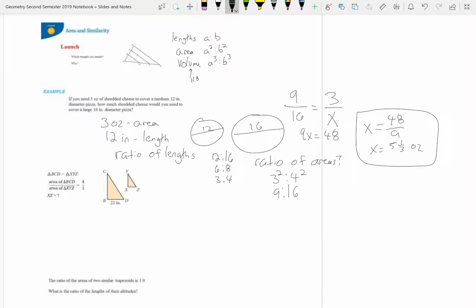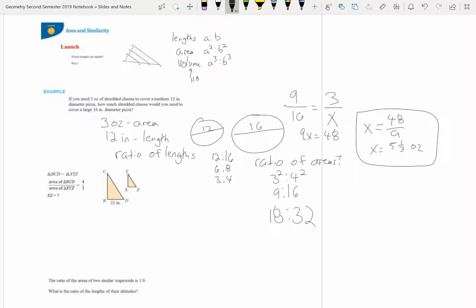To summarize, you have 2 pizzas, a 12-inch and a 16-inch. The ratio of those diameters is a ratio of lengths. 12 to 16 simplifies down to 3 to 4. That means the ratio of the areas is 9 to 16. So if the area of the medium pizza is 9, the area of the large pizza would be 16. Or if the area of the medium pizza was 18, the area of the large pizza would be 32.